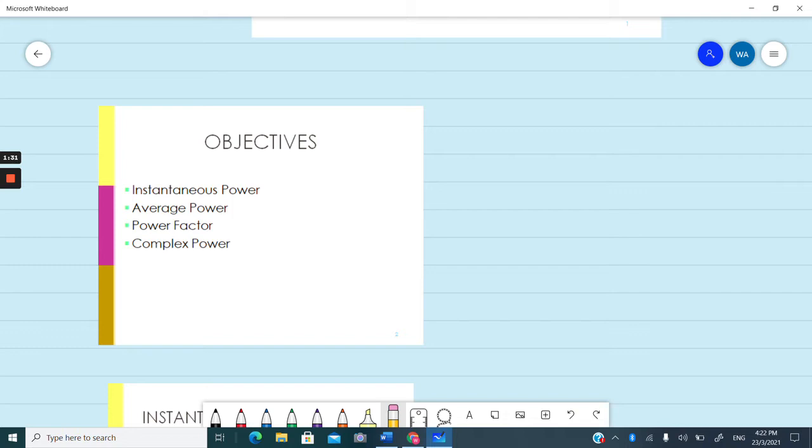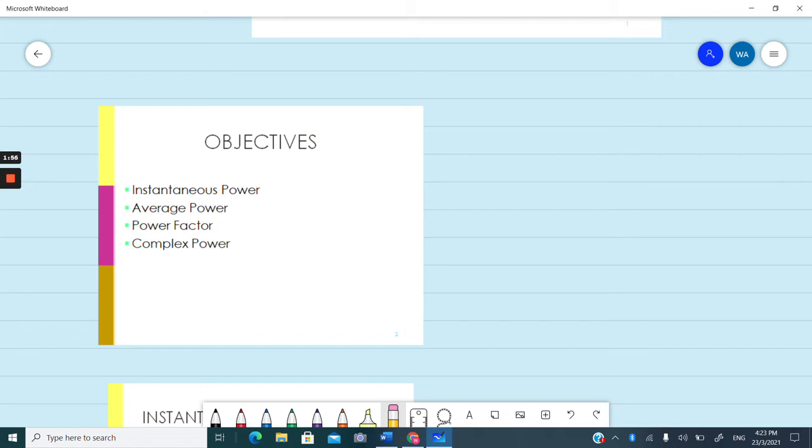Okay. So the main focus for this chapter, we will deal with average power, instantaneous power, power factor, and complex power. For average power, we will calculate either the average power delivered to or the average power supplied from a pair of terminals.